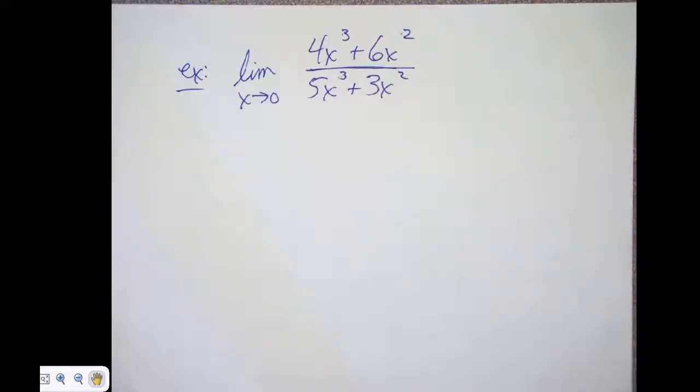So always try to plug in. But if you plug in, you get 0 over 0, right? So it's like, okay, now what do I do?